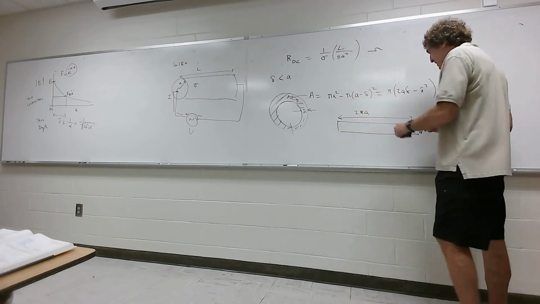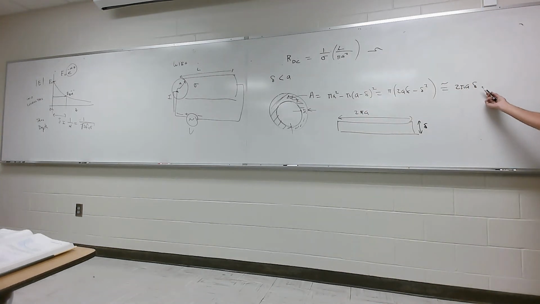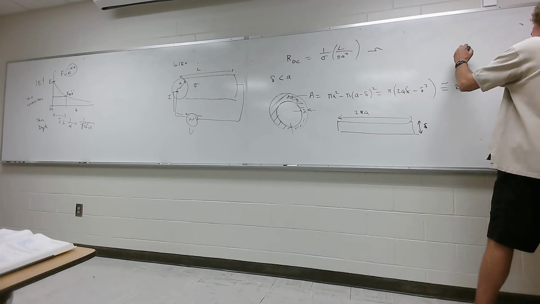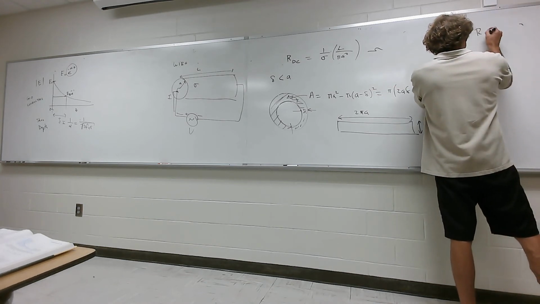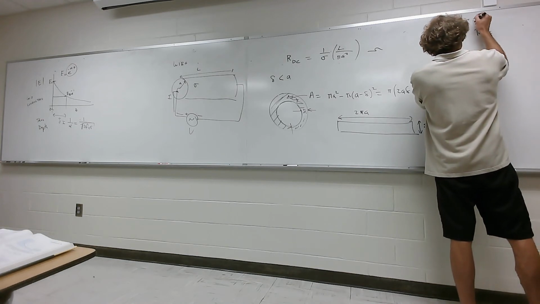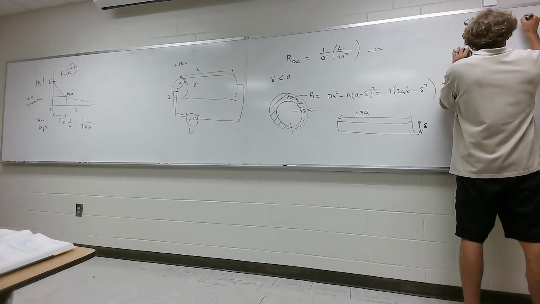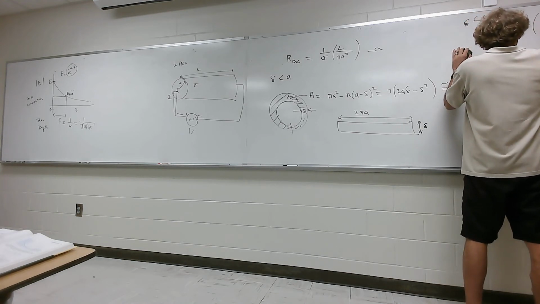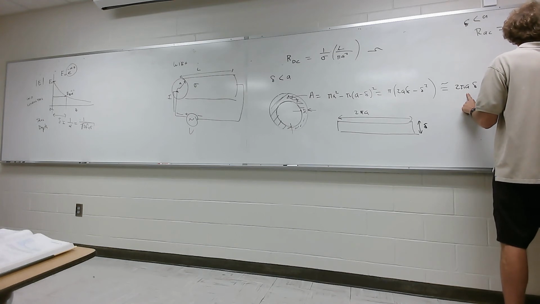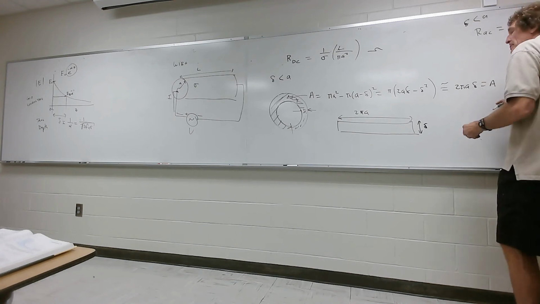So if I take 2 pi A times the skin depth, I get the area, and this is the cross-sectional area. What that means is, AC resistance, if the skin depth right here is less than A, is equal to, still 1 over sigma L, but now the area is about equal to 2 pi A times the skin depth.